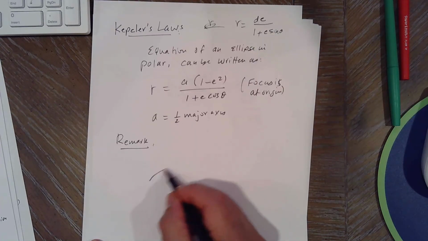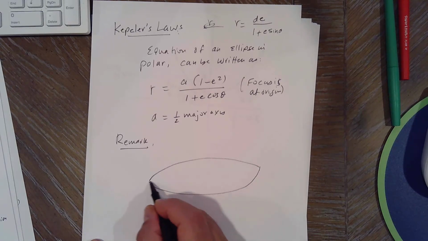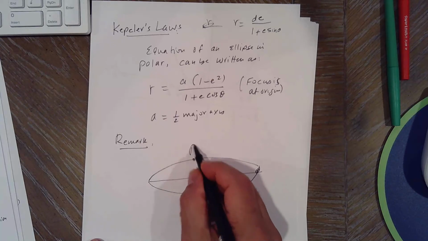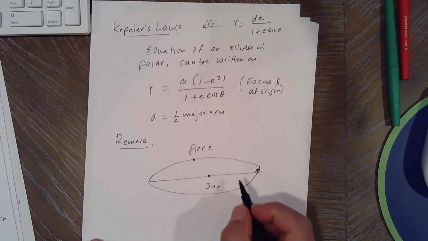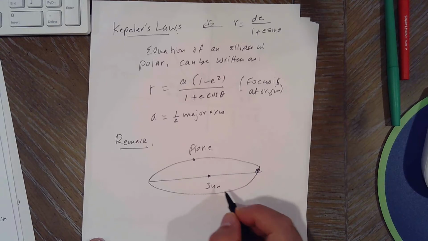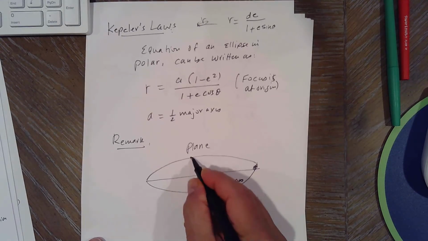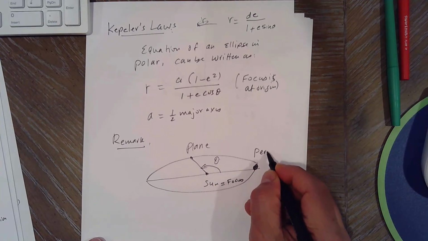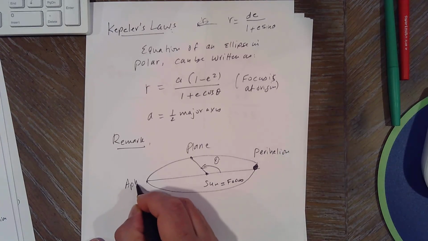So we're talking about an elliptical shape, and we have the sun, and everything revolves around the sun, planet, moon, whatever, in an elliptical shape. So the sun is the focus, and you have angle theta. So there are 2 points, perihelion and aphelion.